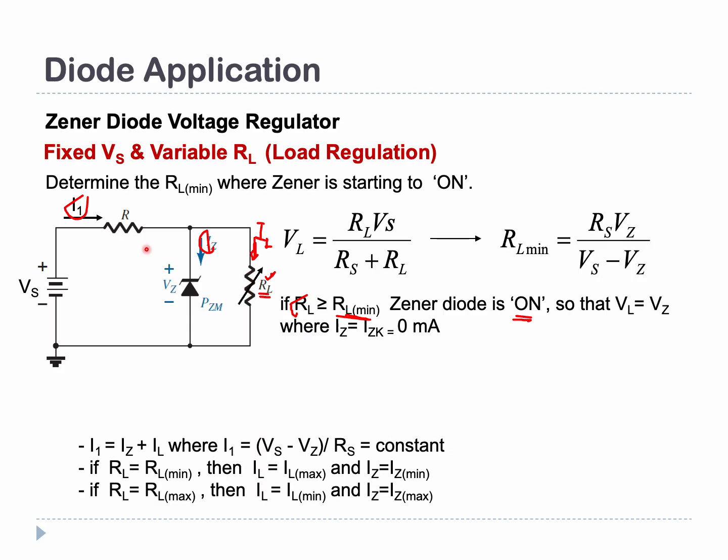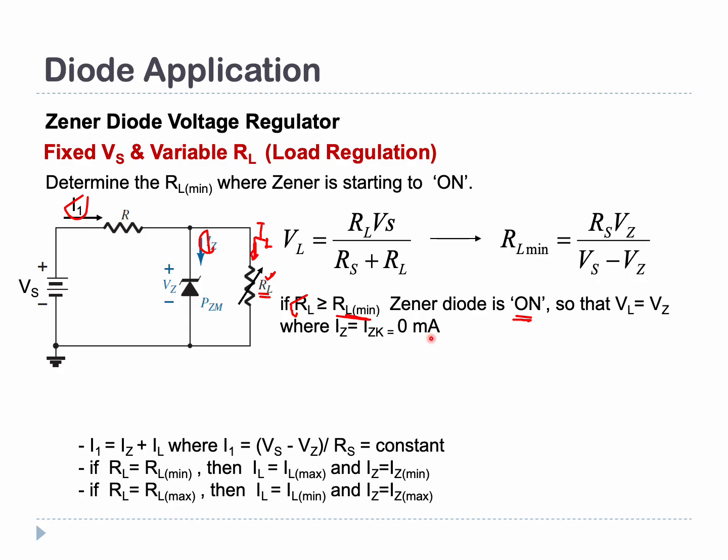So all the current of I1 will directly flow to IZ instead of IL. So your zener diode will be on, so that the VL voltage across the load resistance will equal the zener voltage. In that case, all current will flow through this zener diode.